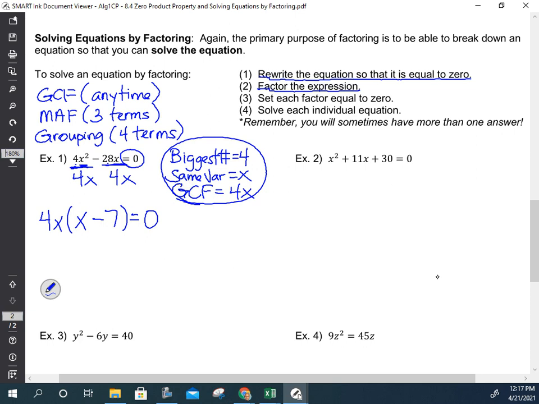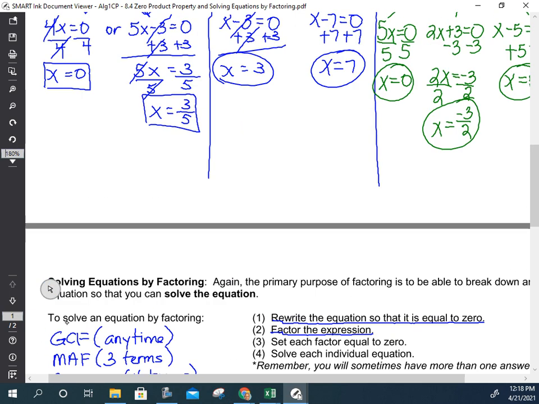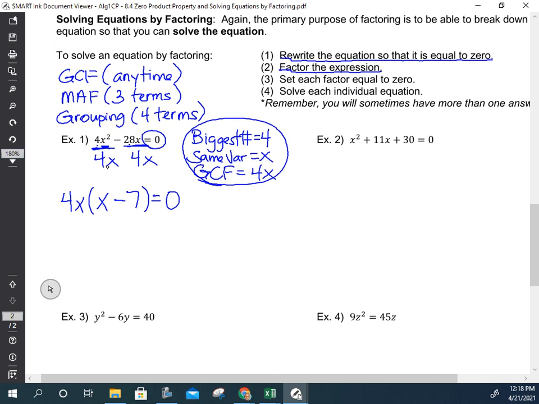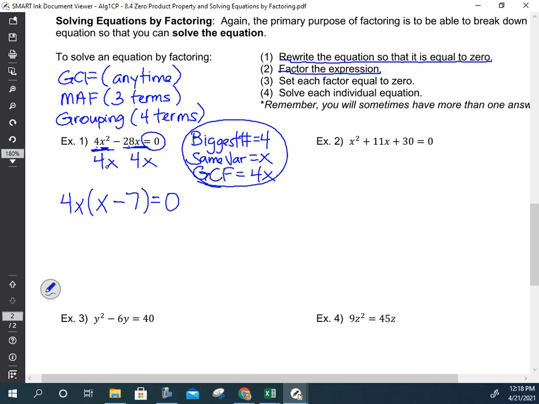So now example 1 looks no different than that problem right there. That problem looks no different. So that means we can now do the exact same thing that we did. Take the 2 parts, bring them up.